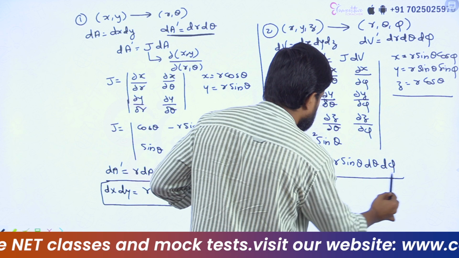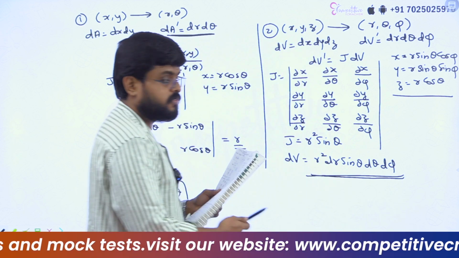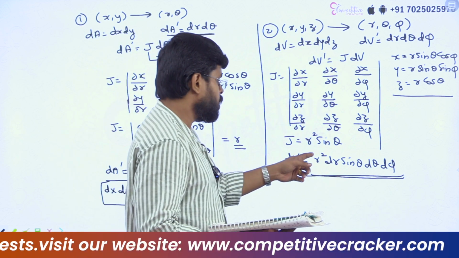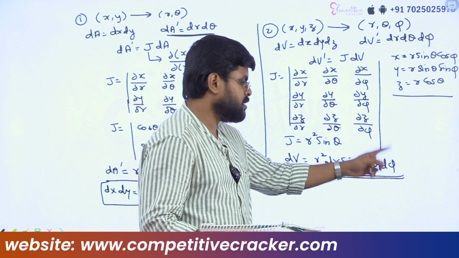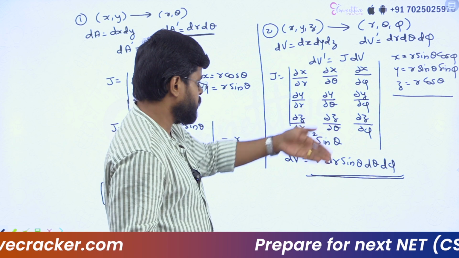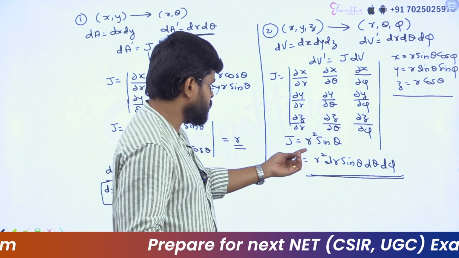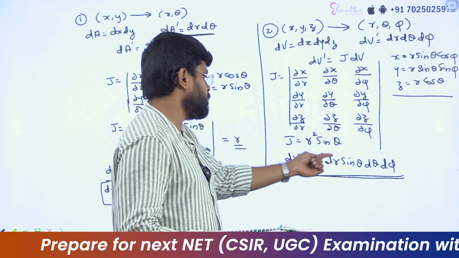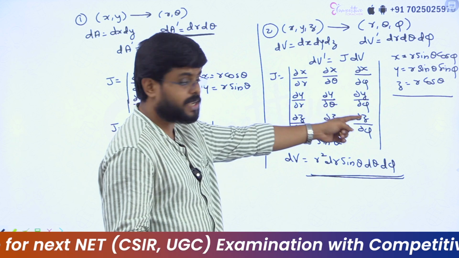Is it clear? So just substitute it and find out. This r square sin theta is the value of the Jacobian that you will get.